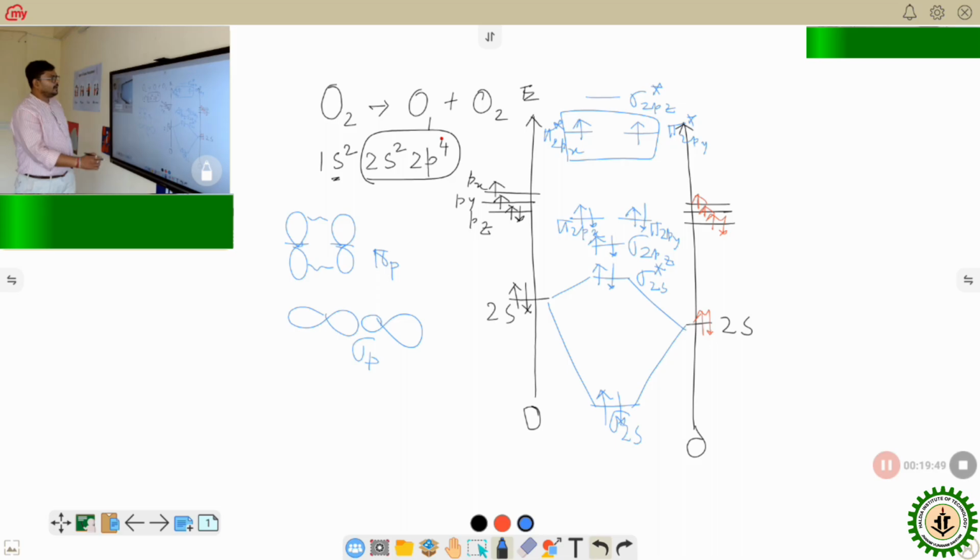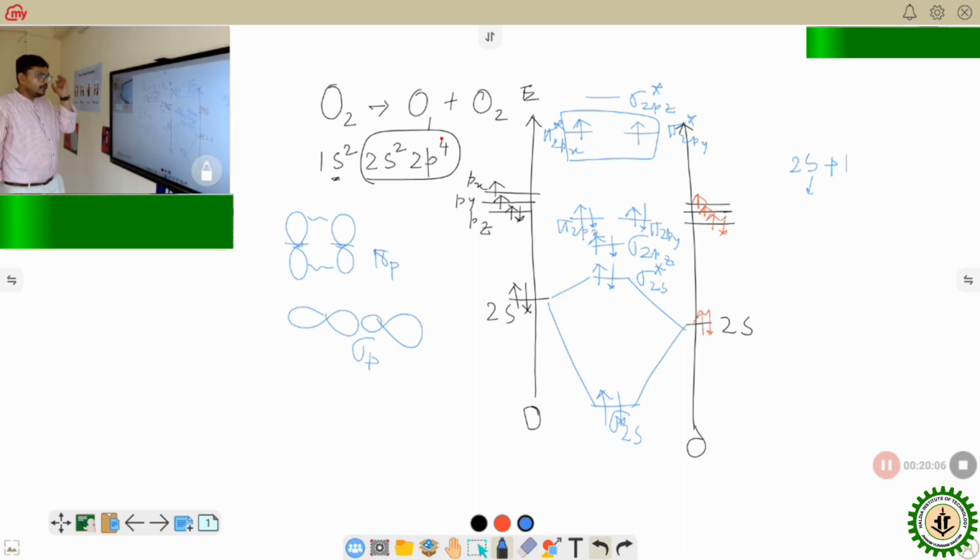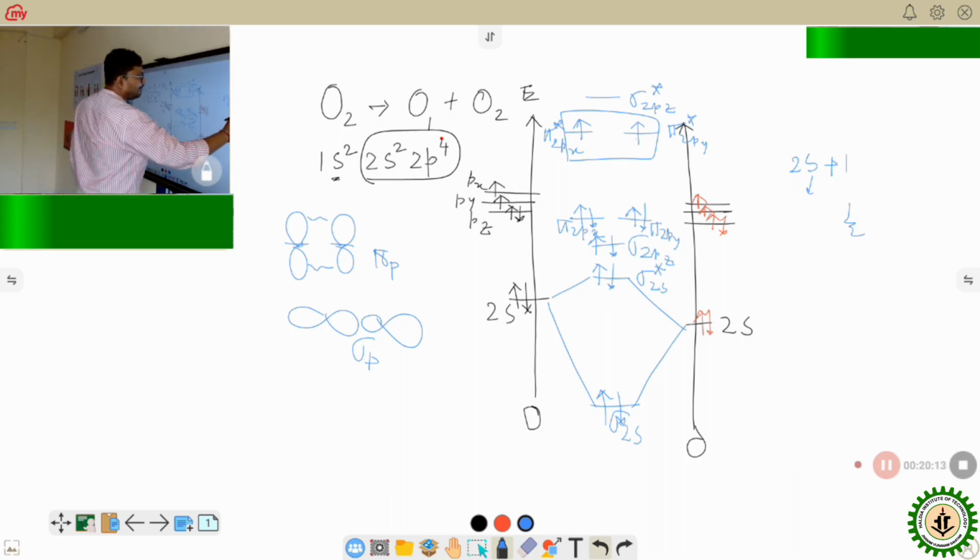How to determine that? We know the multiplicity is equal to 2S plus 1, where S is the spin of the electron. Now since we have two unpaired electrons, total spin will be 1, half plus half.